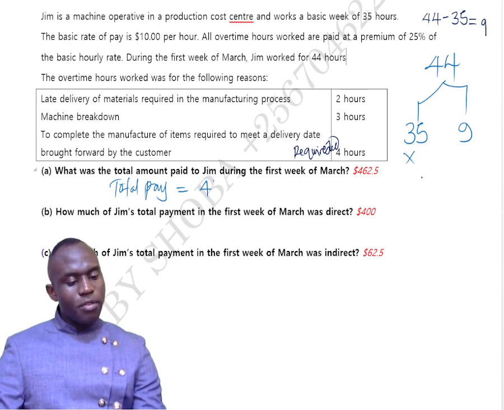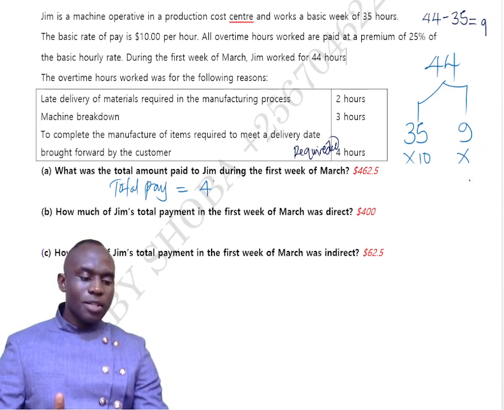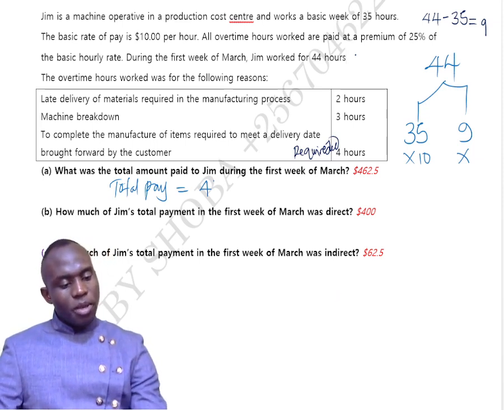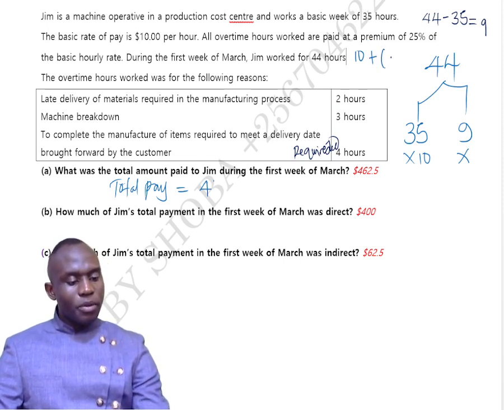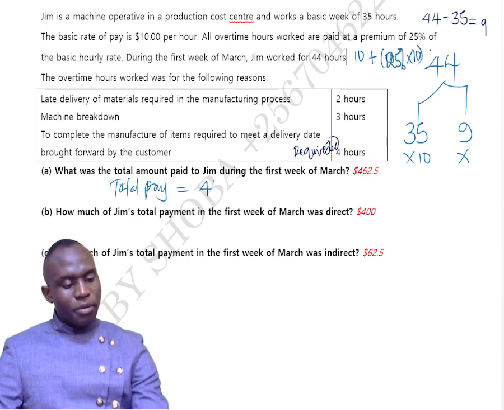For the 35 hours, he's paid the normal rate of 10, but for the overtime, he's paid at a premium of 25%. So what would be that overtime payment? Normal payment is $10, but if you work overtime, we add you 25% of that 10. So the total would be 12.5. So overtime is paid at 12.5.